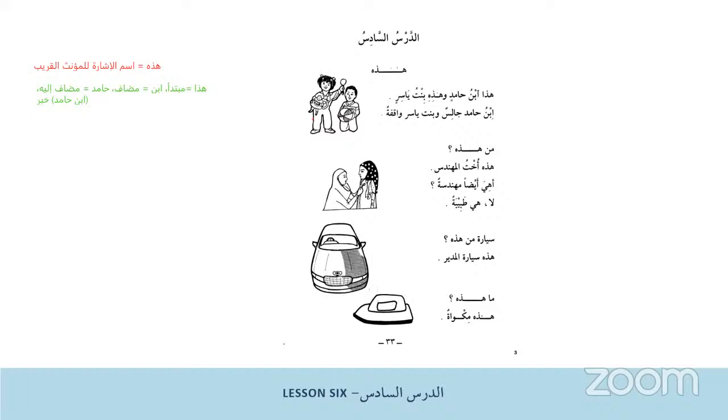Okay. Ibn Hamidin, mudaf ilayh. Just excuse me with the two there, the kasratain. By writing as terrible as it is with a pen, so you can imagine how terrible it is with a mouse. Okay. So Ibn Hamidin, Hamid's son, jalisun is what?